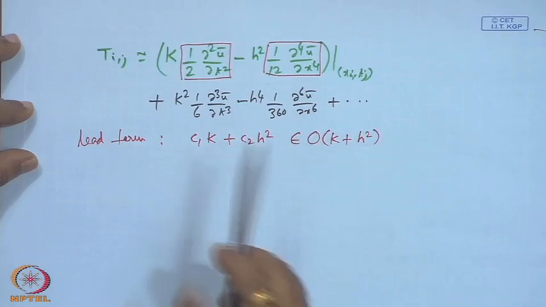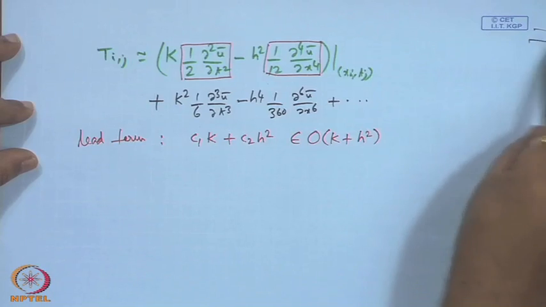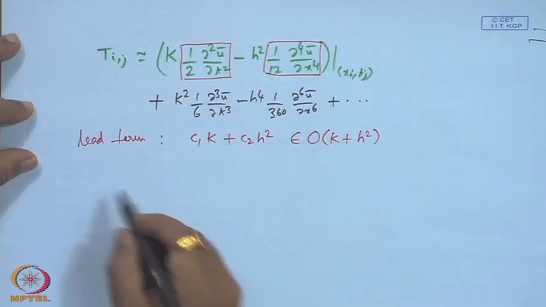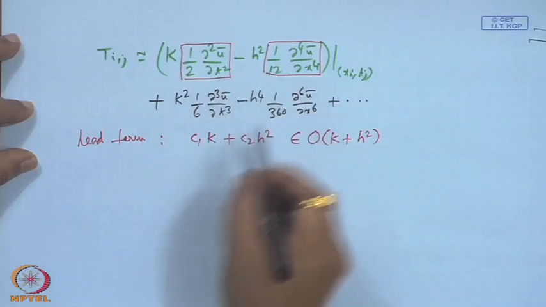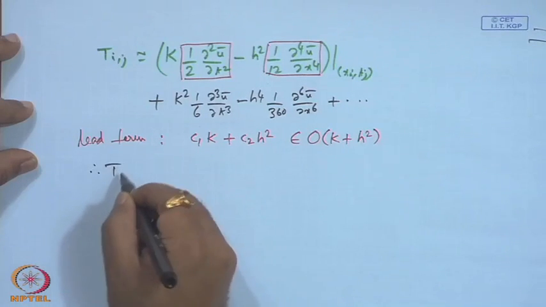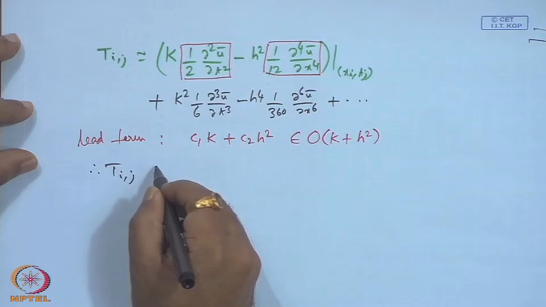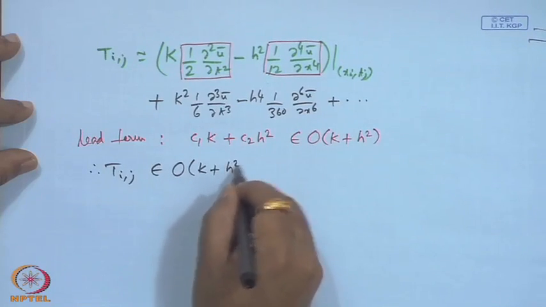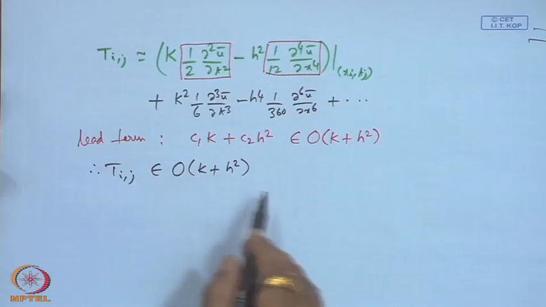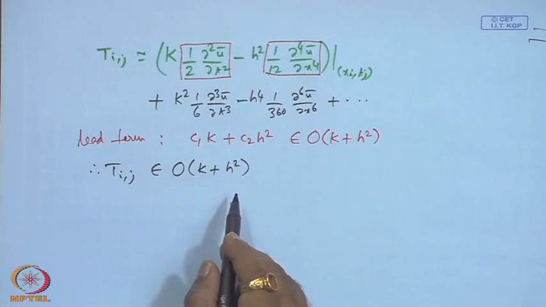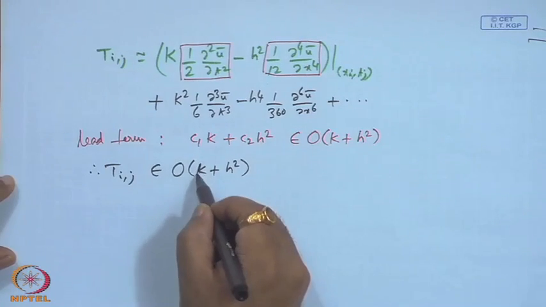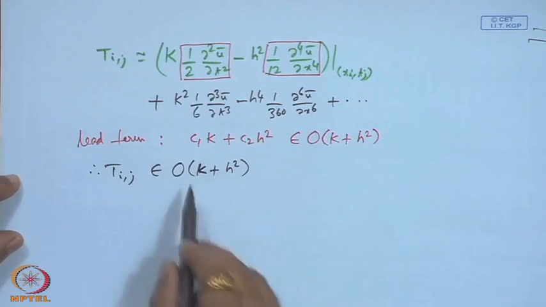In this order, this is the local truncation error which we have seen. Since this is the leading order, T i j is this. This is what we have realized.